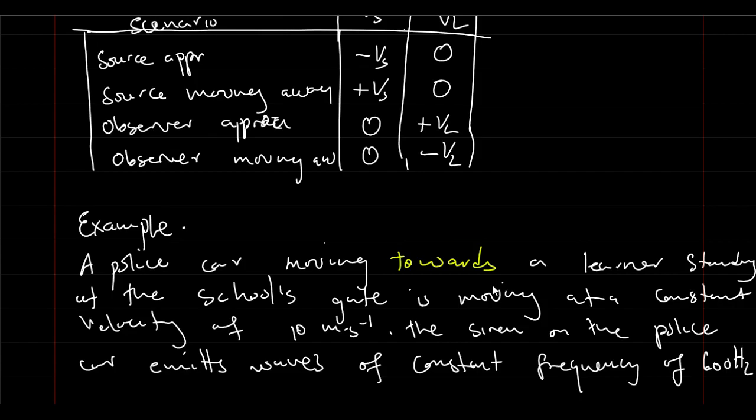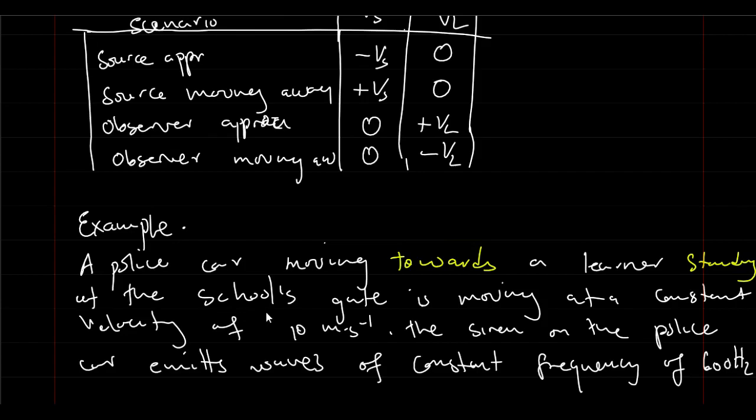Okay, so now which sign are we going to take here? So the source is approaching, so we are going to take minus Vs. Okay, so now another information that we have is that the learner is standing, so meaning the learner is stationary.